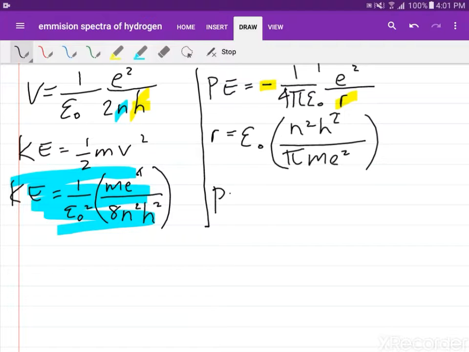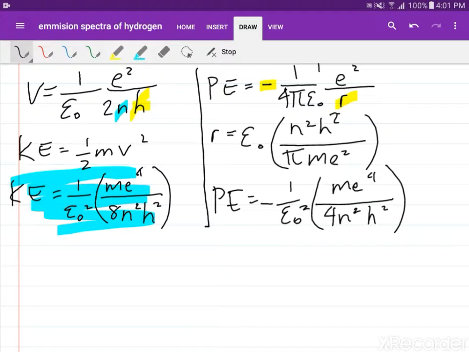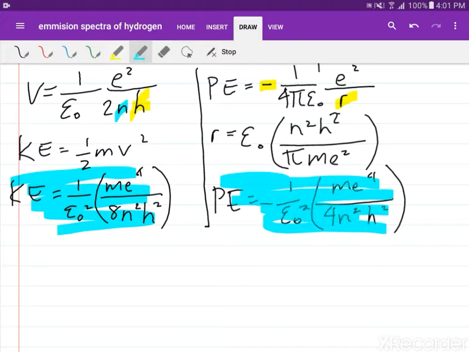Okay, so writing our potential energy with r, we have negative 1 over epsilon naught squared times m e to the 4 over 4 n squared h squared. So this is our potential energy.